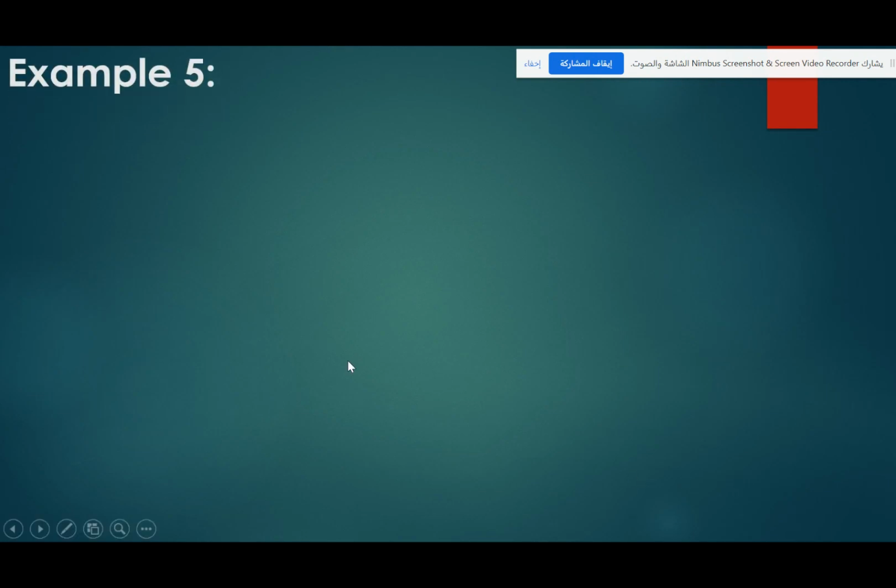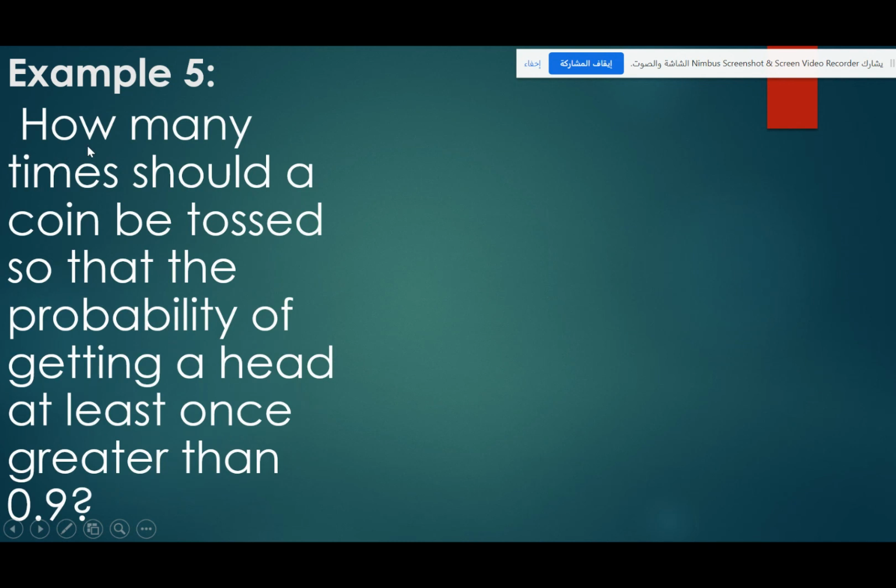The next example, which is 5: how many times should a coin be tossed so that the probability of getting a head at least once is greater than 0.9? To translate this question, read it again and try to know how much is n, how much is p, how much is q.